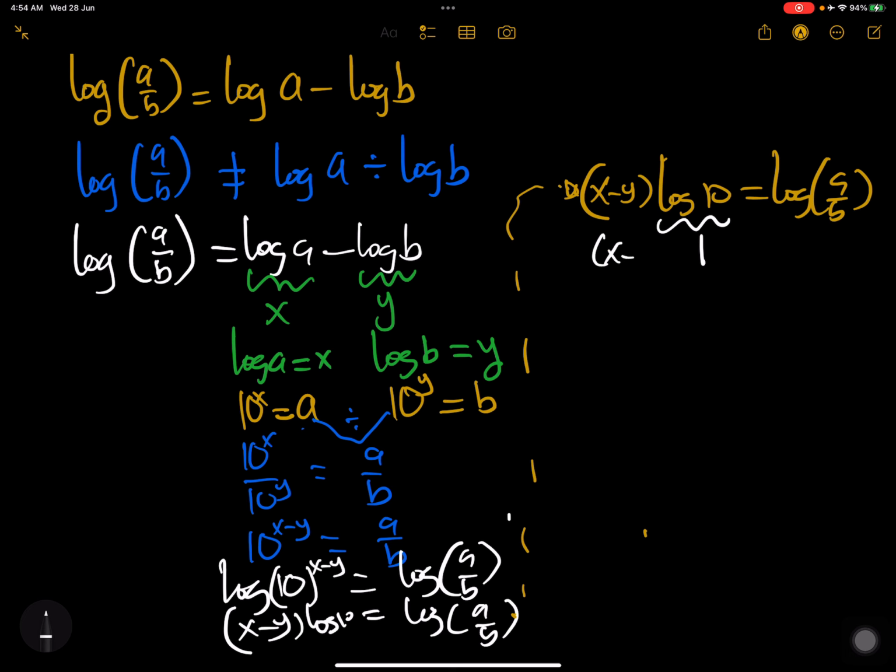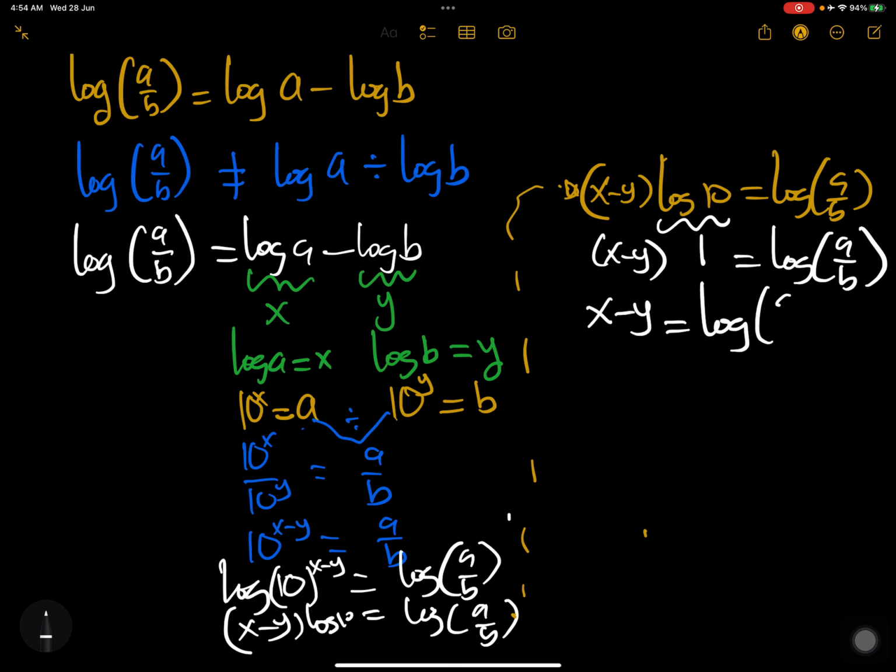And then we have our x minus y here, which is equal to log of A divided by B. Therefore, log A divided by B is equal to x minus y.